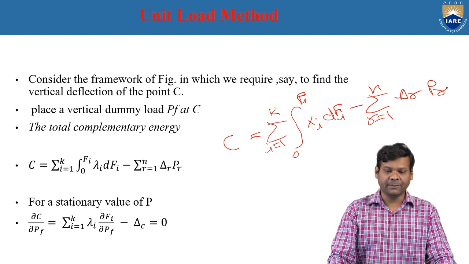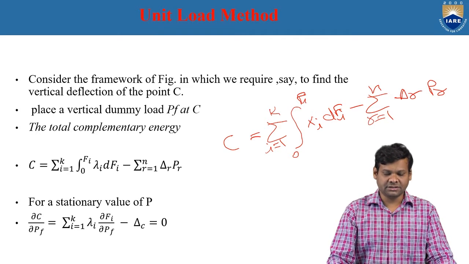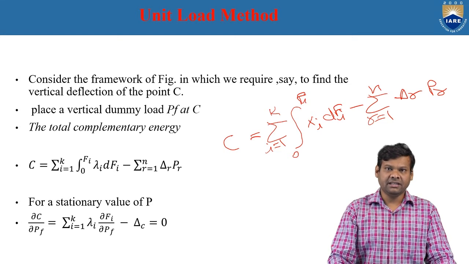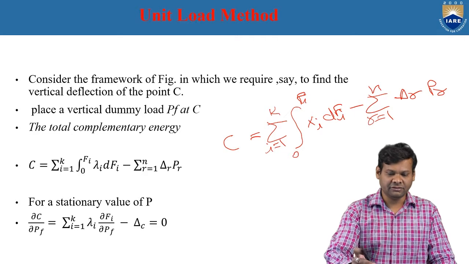This is the complementary energy for a given structural system consisting of k elements and n number of loads. The condition for a stationary value is that dou C by dou P_F equals 0.